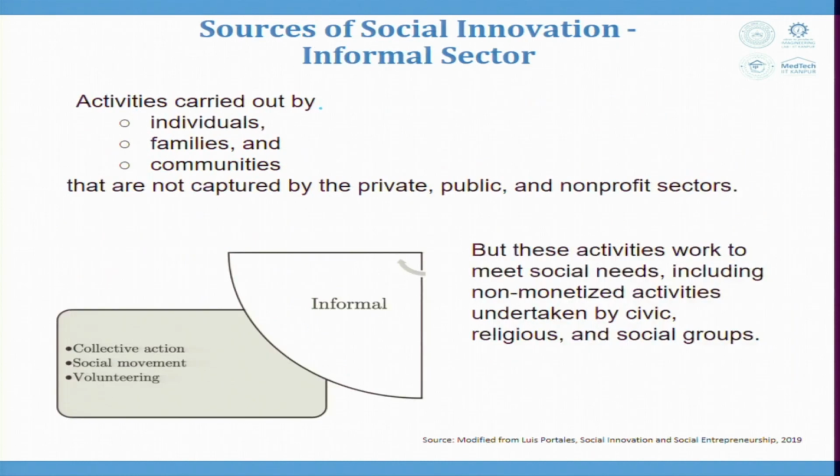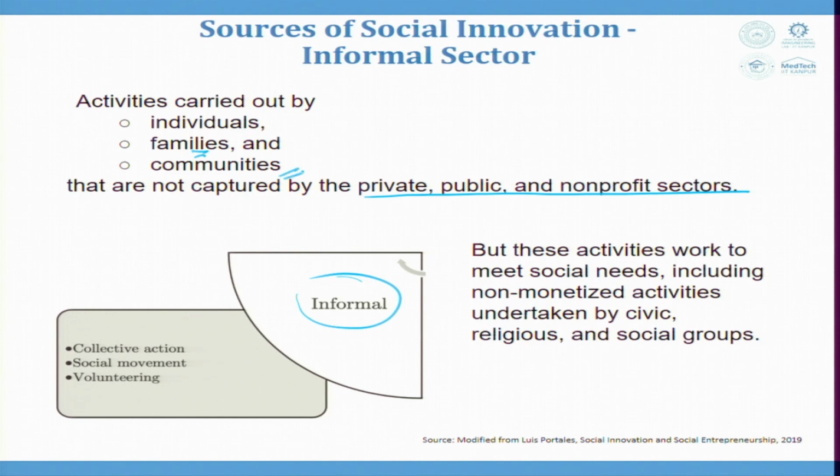The activities carried out by individuals, families, communities that are not captured by private, public and non-profit segments fall under informal. My family gives every year some money for the betterment of school education.